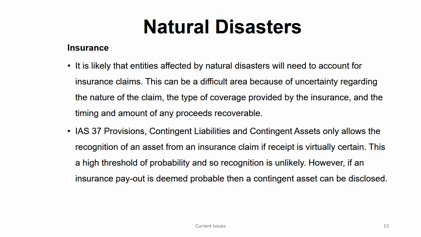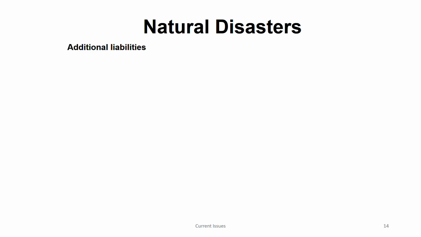Most of the time it's not virtually certain, therefore you do not recognize it, but at least you can disclose it if it's deemed probable. You're not very certain, but the probability is there, you might receive the insurance claim. Then you disclose it as a contingent asset according to IAS 37. You see how my knowledge of IAS 37 is helping me to answer this part of the current issue, which is natural disaster.